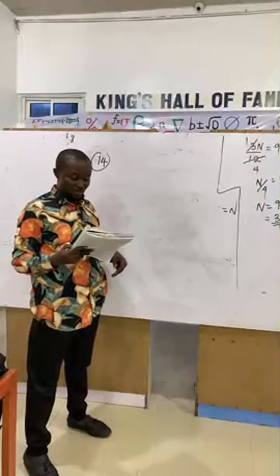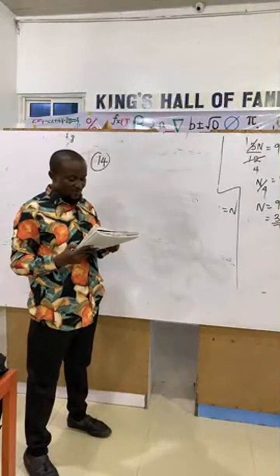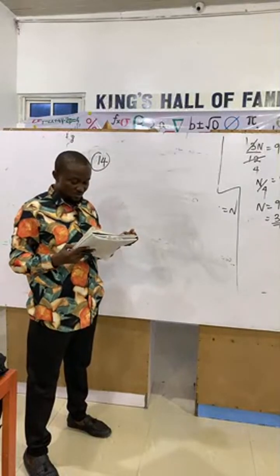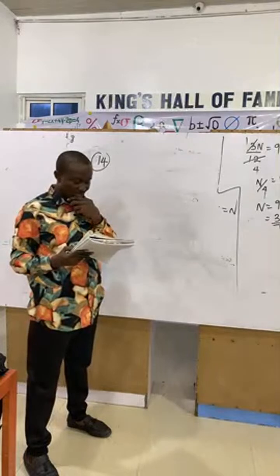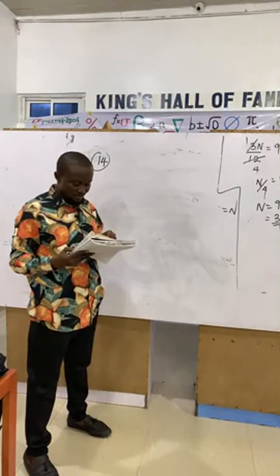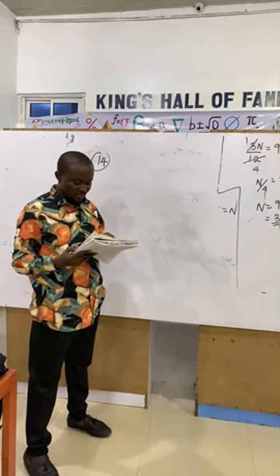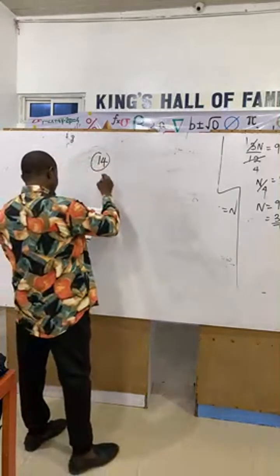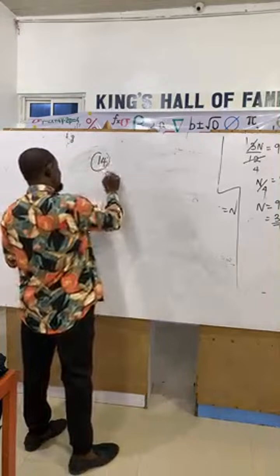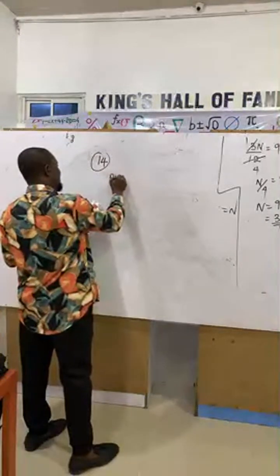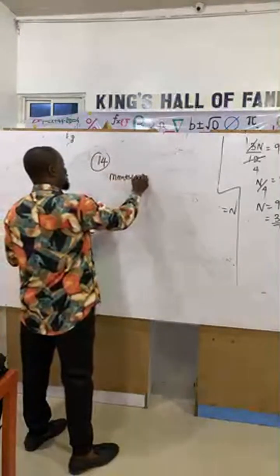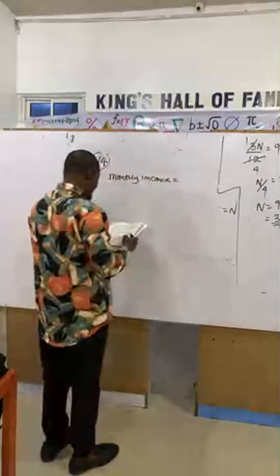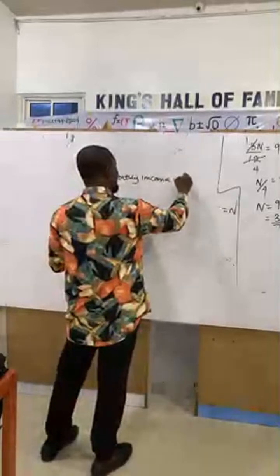A civil servant earns 72,000 naira. That's minimum wage. Civil servant, salary, monthly income: the monthly income is 72,000 naira per month.